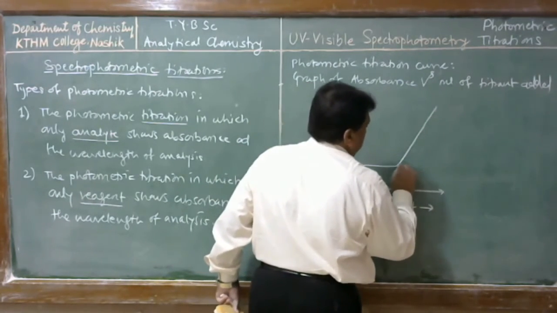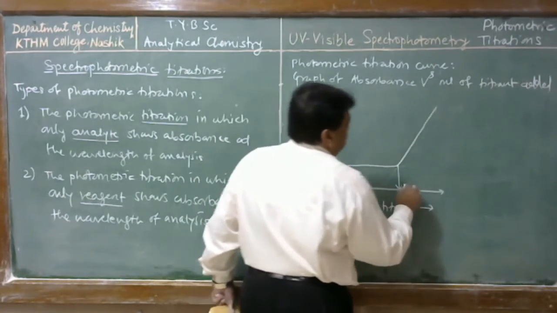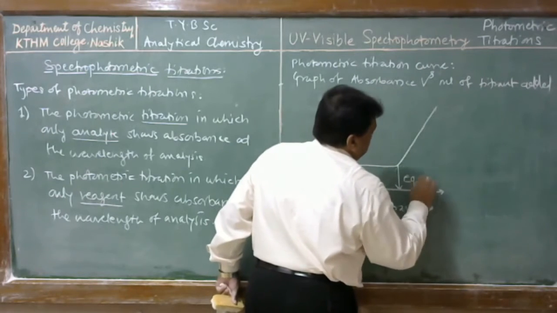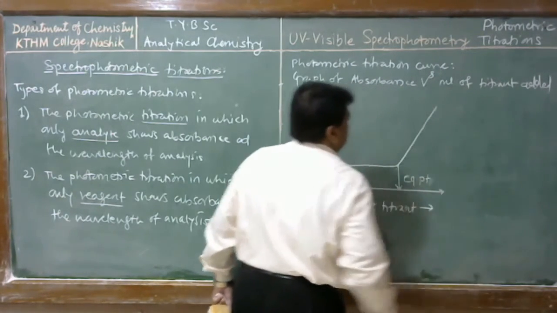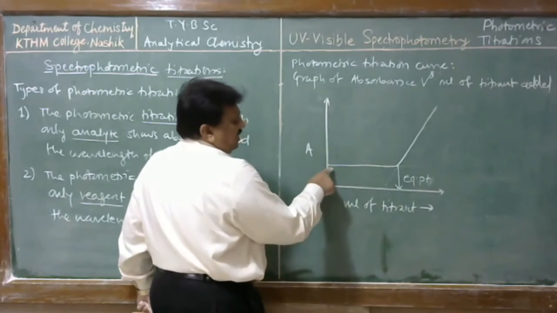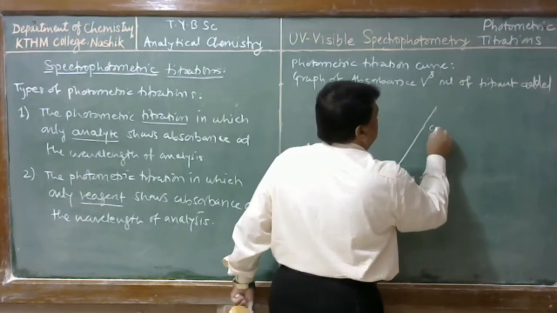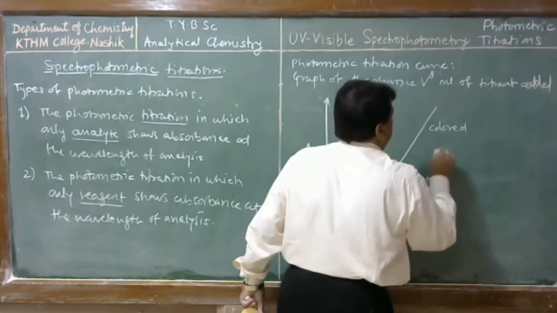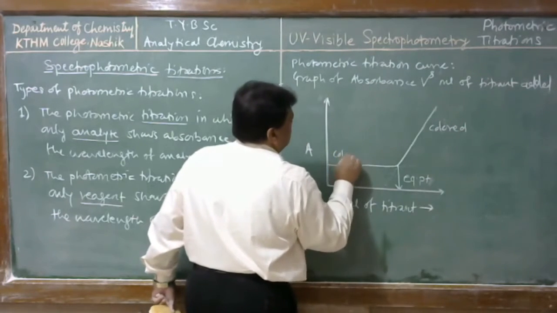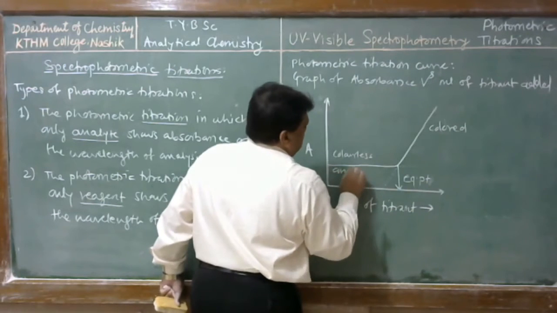Then we have an inverse L-shaped titration curve for this, and this is the equivalence point of the titration. Here the colorless analyte is converted into a colorless product by a colored titrant.